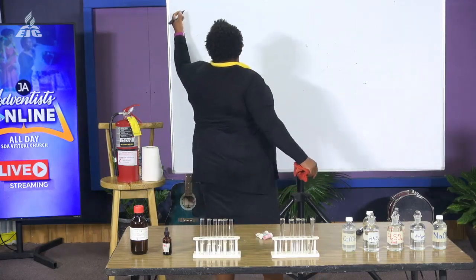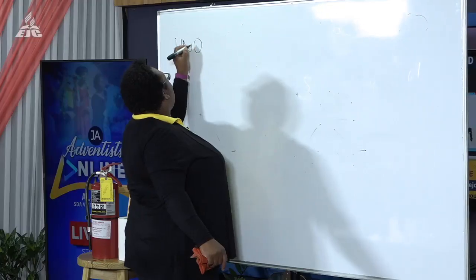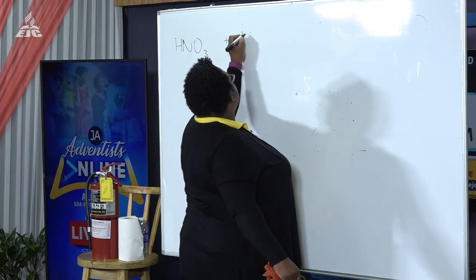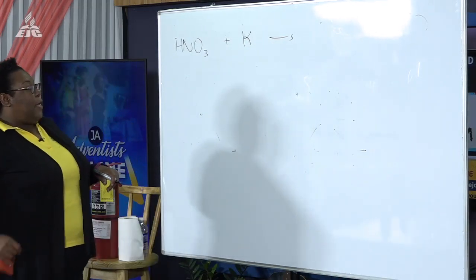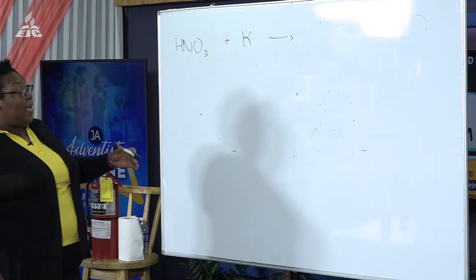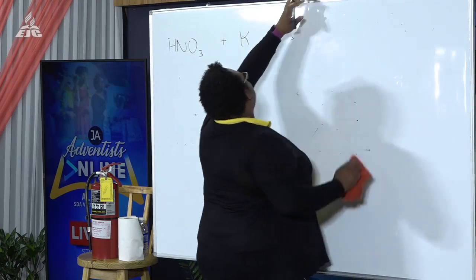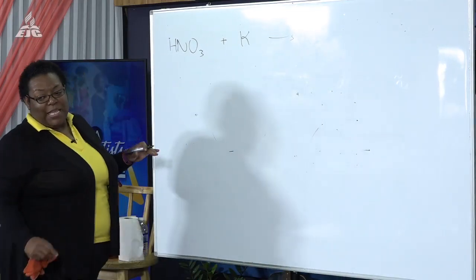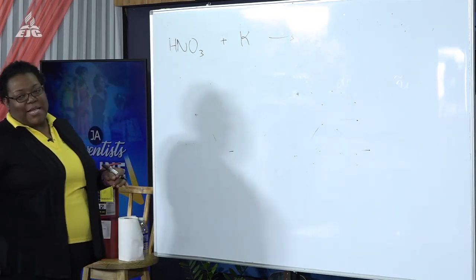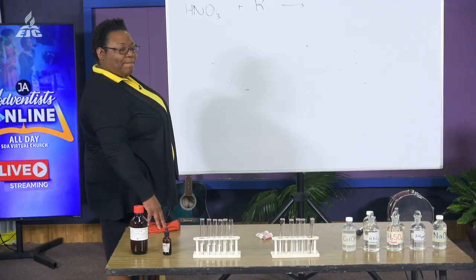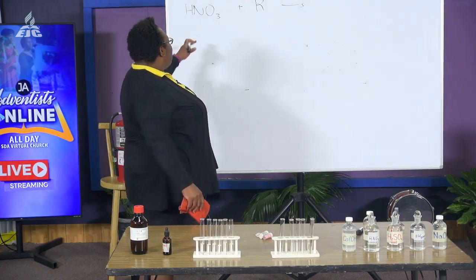So I have here HNO3 plus a metal, and the product should be a salt and a hydrogen gas. All right. Can someone please identify for me this acid? What is the name of this acid? Very good. This acid is nitric acid.